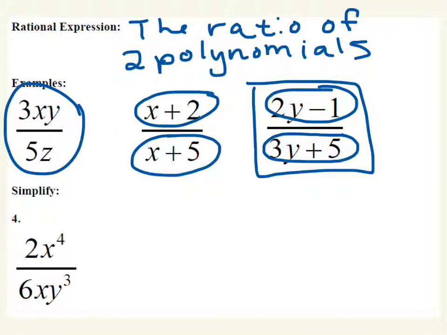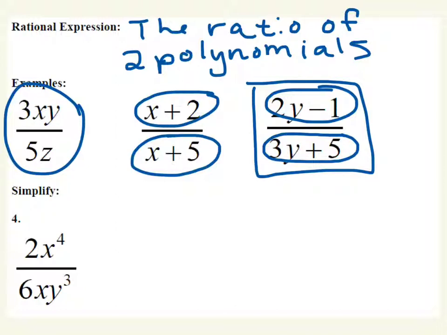Let's think in terms of our exponent rules for variables and factoring our numerical factors. The whole objective is to cancel common factors from the numerator and the denominator. In order to establish those common factors, we've got to factor our numerator and denominator.